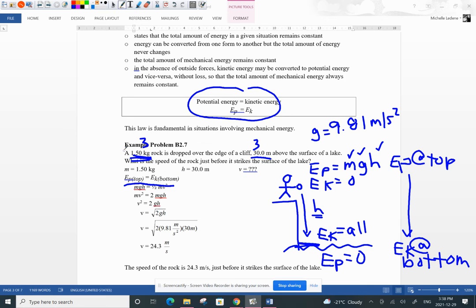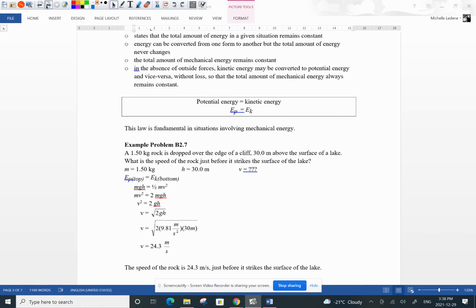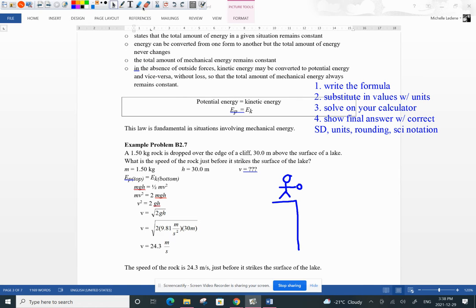So potential energy at the top will be converted into the kinetic energy at the bottom. Okay, so this is an energy conversion. And again, we are assuming that we're not losing any energy due to friction or heat or anything like that. So EP at the top is being entirely converted into kinetic energy of this object at the bottom.